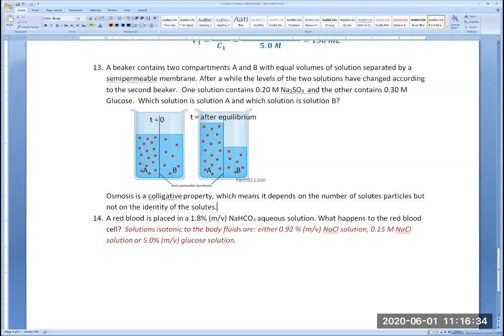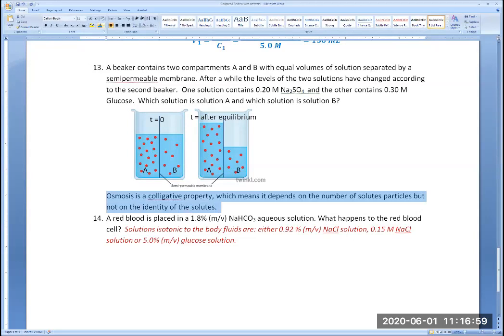What matters for osmosis, the reason why water moves, is that one side is more concentrated. There are more particles per unit of volume on A than on B. And it doesn't matter if the solutes are not the same kind on both sides. What matters is that the number of particles is different.